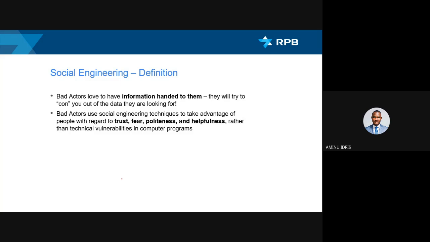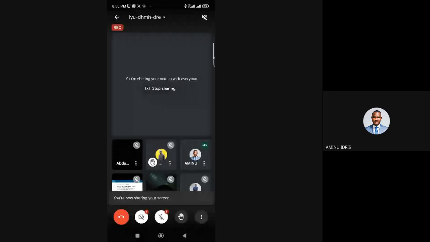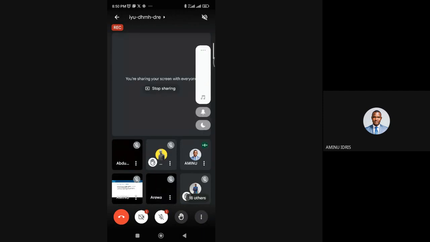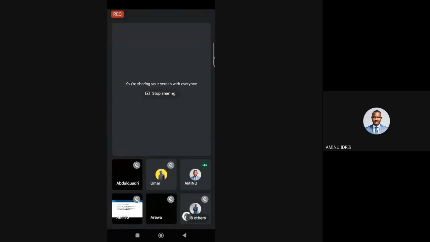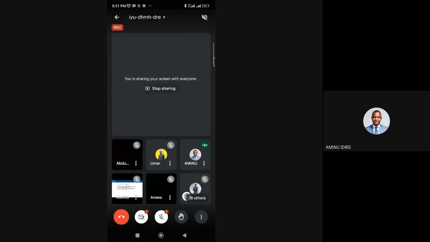The second thing is that the bad actors use social engineering techniques to take advantage of people with trust. Yes, exactly. Somebody will sit down, from the comfort of his bed, and create an email that resembles one of the organizations you're using, let's say Google or your bank, and try to convince you into clicking on it.